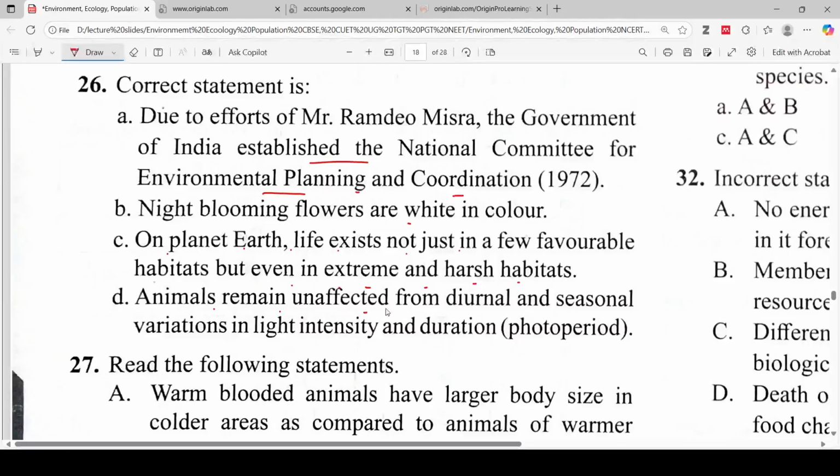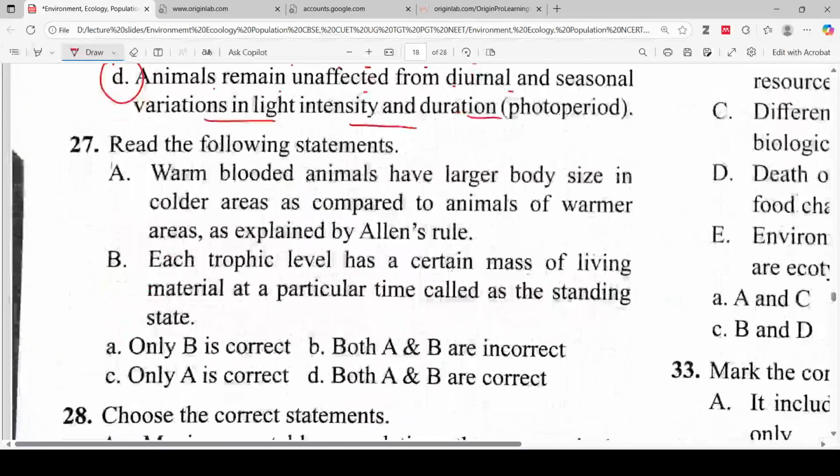Animals remain unaffected from diurnal and seasonal variation in light intensity, duration. So the correct statement is option D.